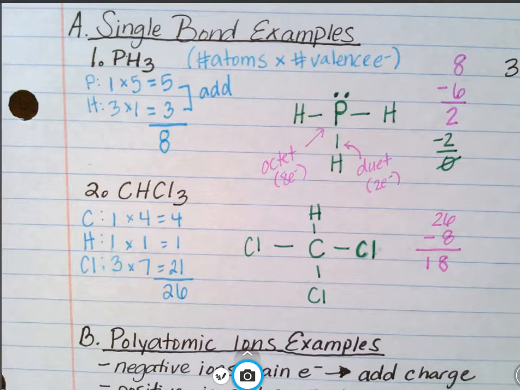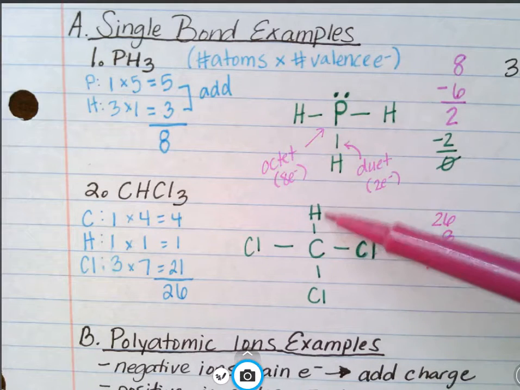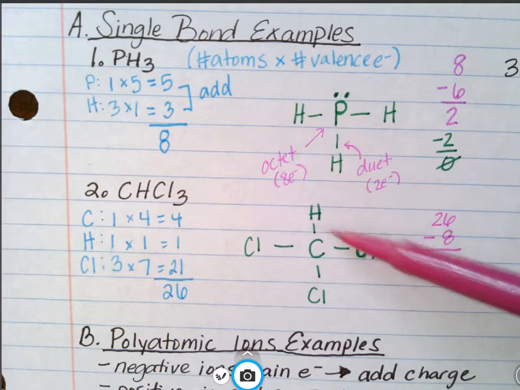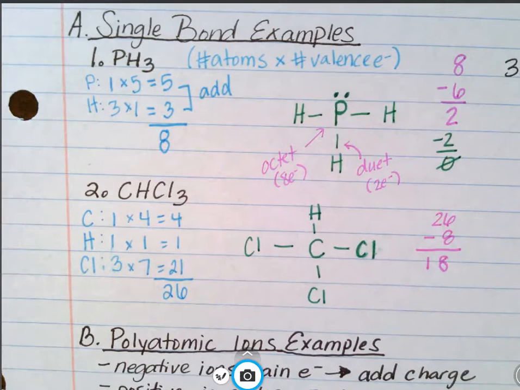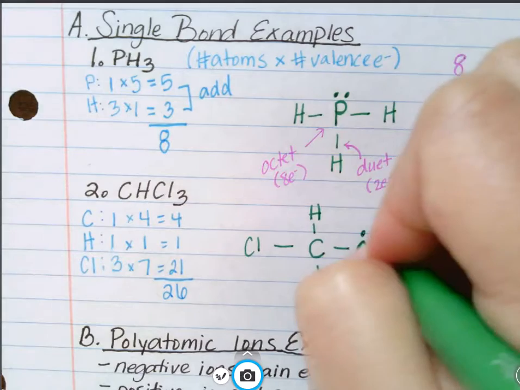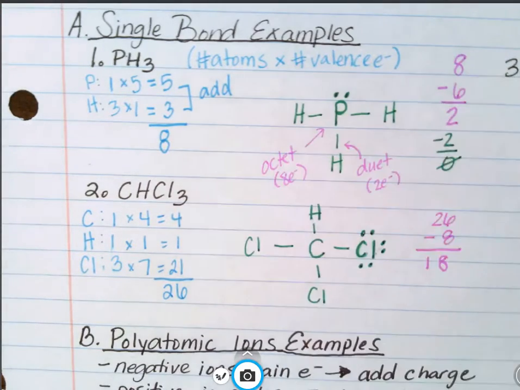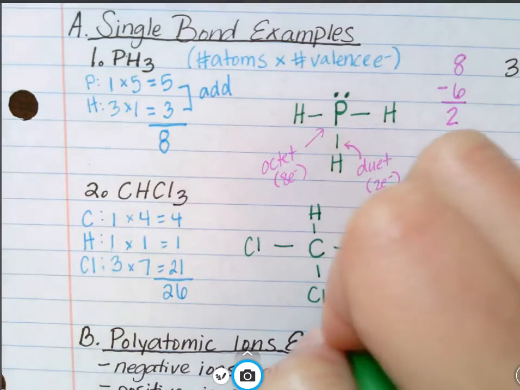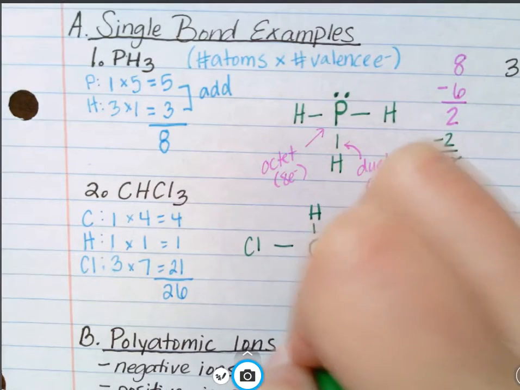Okay, next step. Fill the octet for the outside atoms except for hydrogen. So I don't do anything to hydrogen, but these chlorines can take more electrons. Right now, each one of those chlorines only has 2, so it needs 6 more. So if I put 6 here, its octet is filled. 6 here, 6 here.